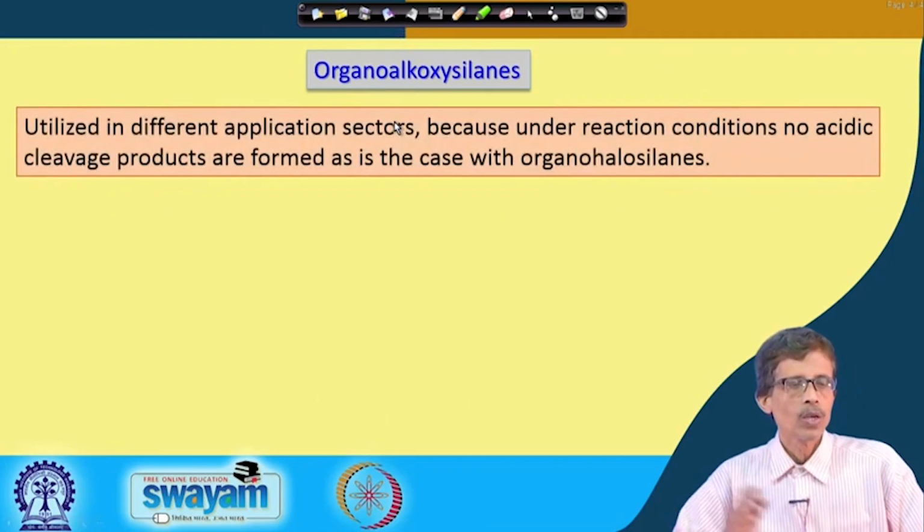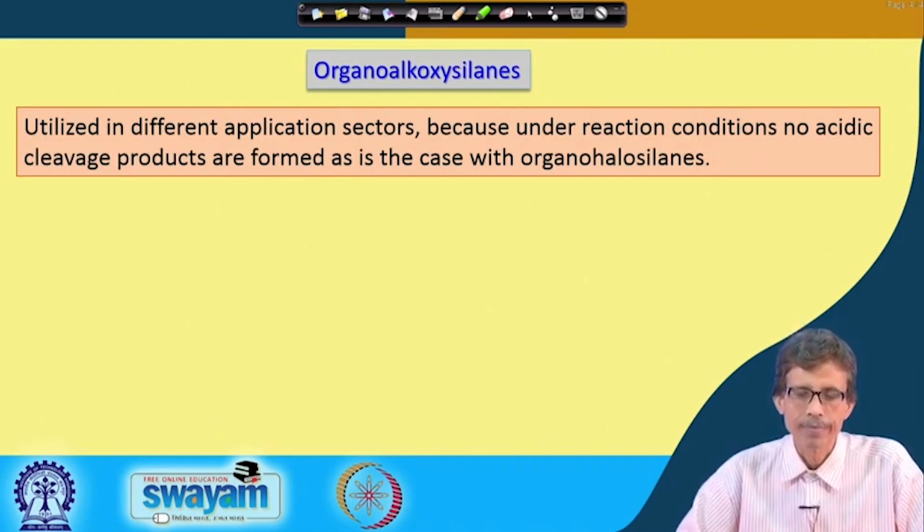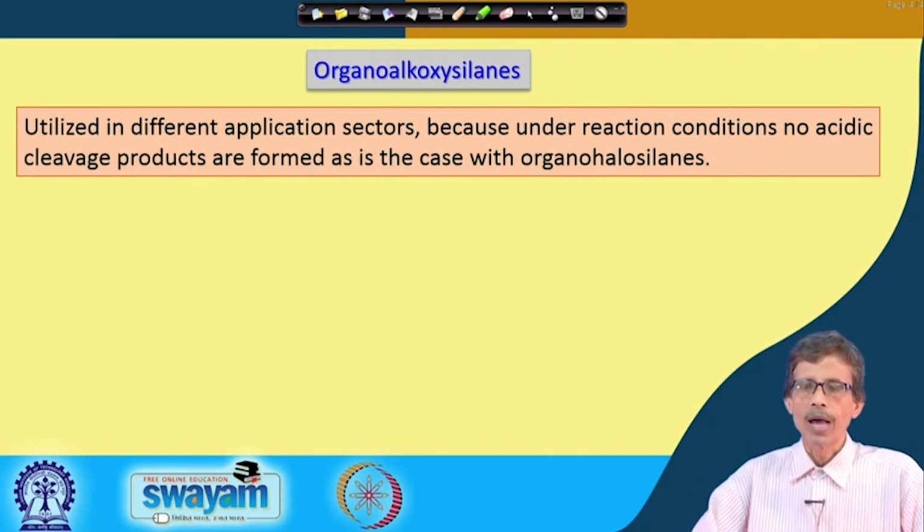This is utilized in different applications, different sectors are benefiting from its use, because under reaction conditions no acidic cleavage products are formed, as is the case with the organohalosilanes.